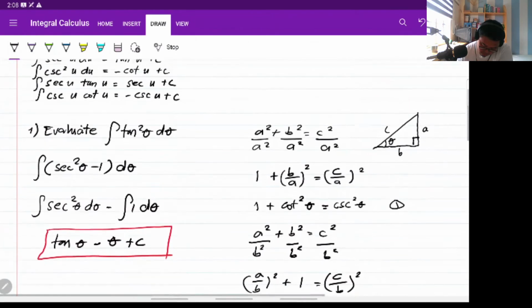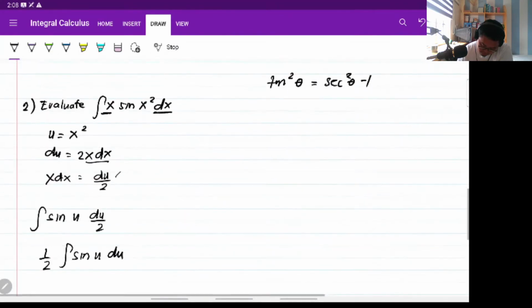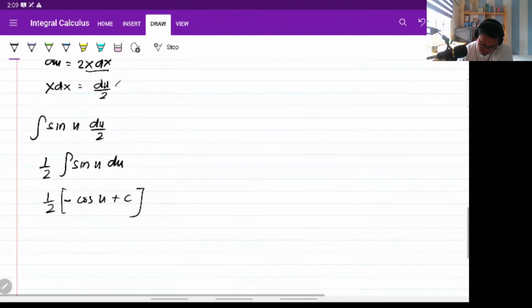The integral of sine u is negative cosine u. So 1/2 integral of sine u du is equal to negative 1/2 cosine u plus c.